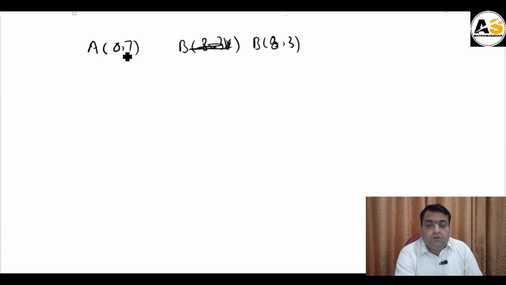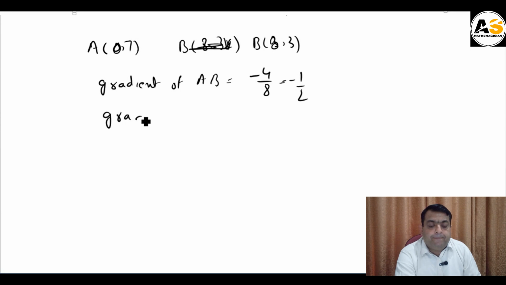So the gradient of AB was minus 4 over 8 or minus 1 by 2. Gradient of perpendicular bisector is equal to 2.